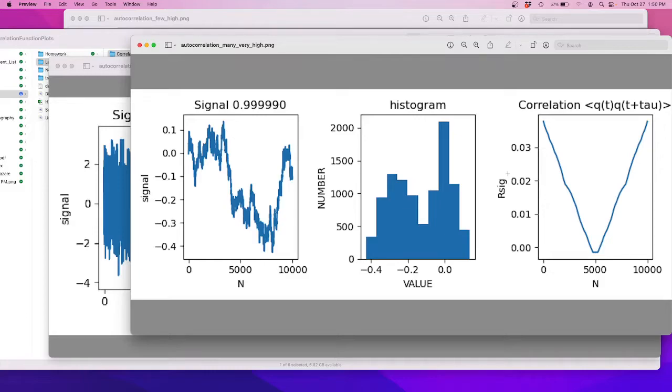But as I get further out, the probability of this point being similar to this point is much lower because there's a lot more fluctuation that can happen. And the correlation function tells you how far in time you can expect to see something similar to what you have at a given point in time.